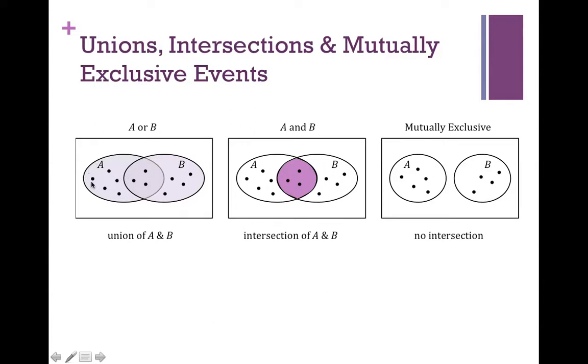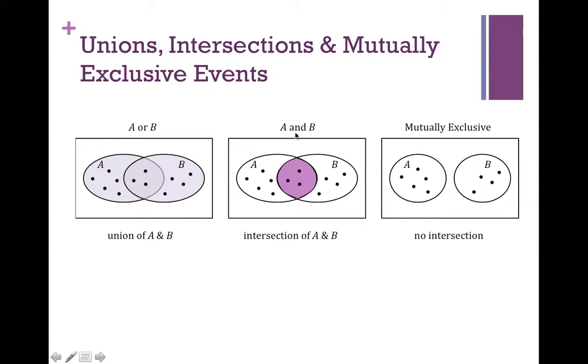And so you can see how both of these circles have been shaded in purple, because anything from either one of these would be an occurrence. And this is what we call the union of A and B. Put both of them together, anything from either one would count as an occurrence.